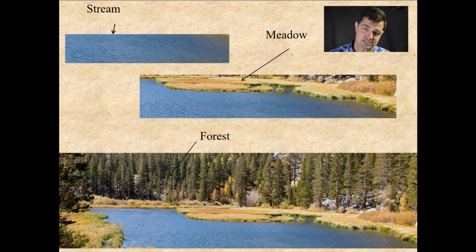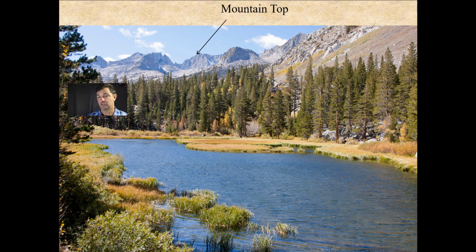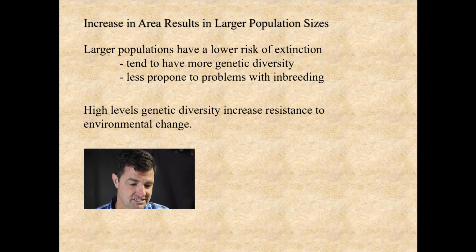So just having a bigger area where you now have two different habitats gives you some of that diversity. And the same thing goes when you back up even more. So the stream and the meadow and the forest, and then you can even go further and include the mountaintop. That ought to make sense, I think.